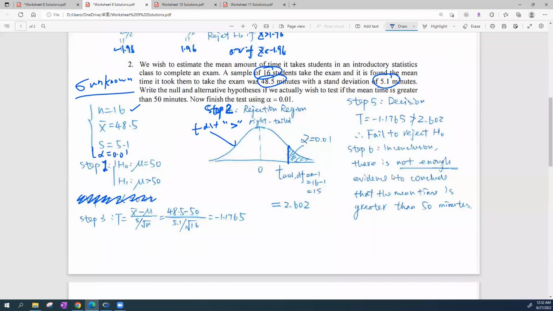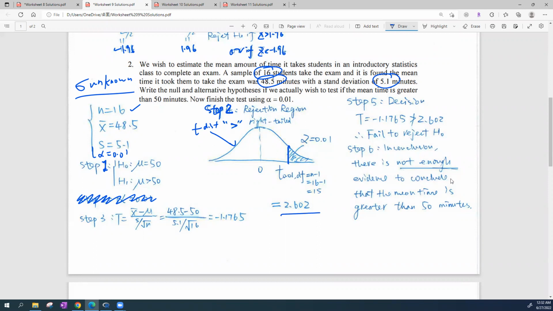So this is t sub 0.01. And what T distribution? That's decided by the degrees of freedom, so df, which is n-1. So this is T15 distribution. And the critical value is t sub 0.01 with df 15. So we can check the T table and get the critical value equals 2.602. So that's the critical value.